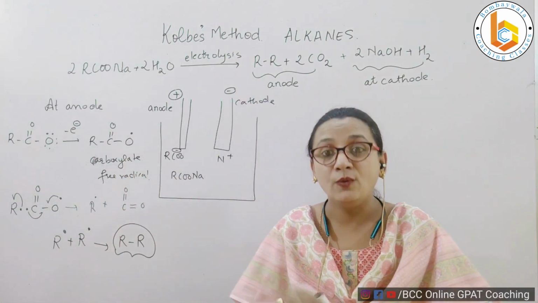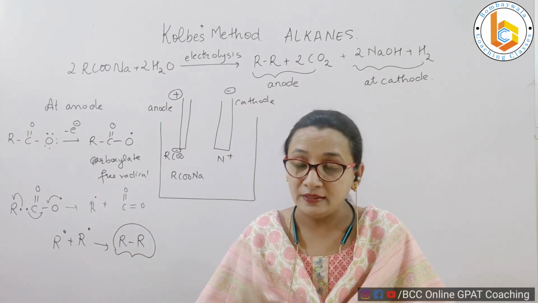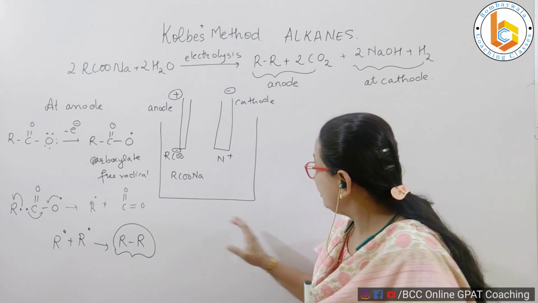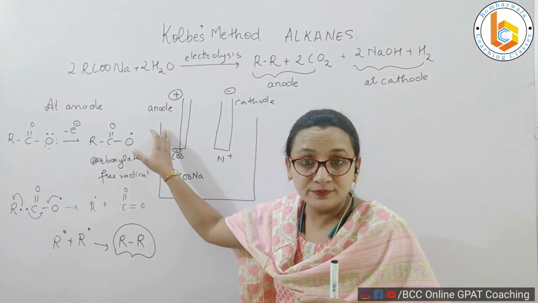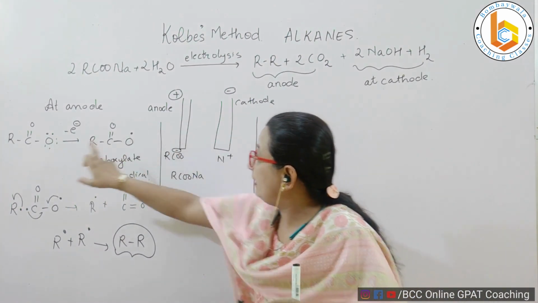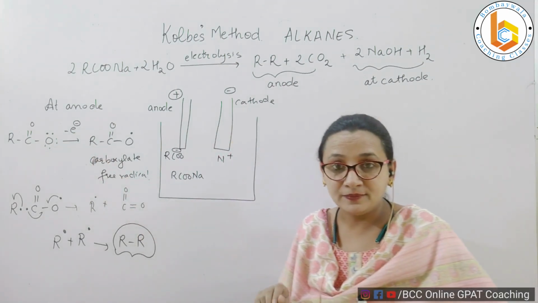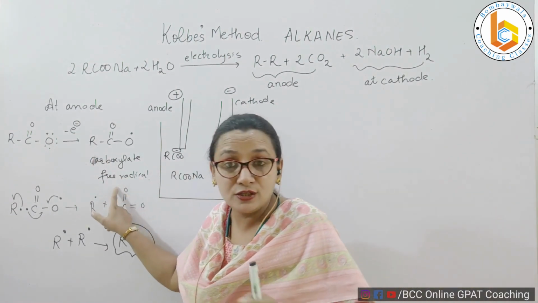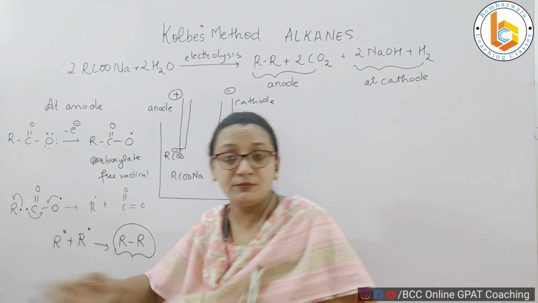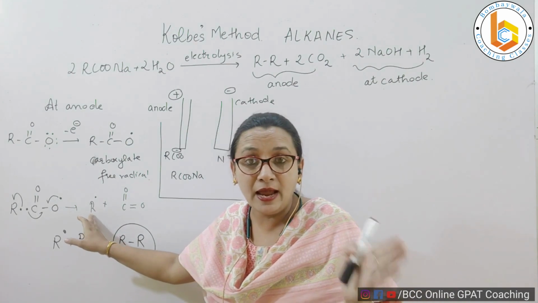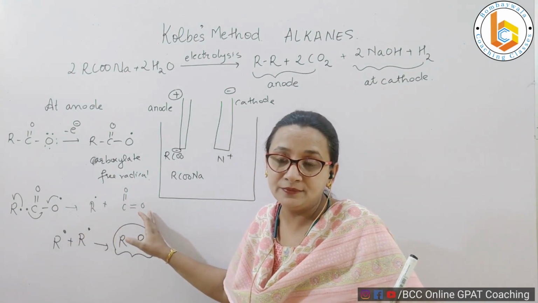Now you can see what is happening at the anode. The acetate ion, the carboxylate ion, is going towards the anode. It is giving its one electron, becoming a free radical. Once the free radical is formed, it undergoes decomposition, meaning breaking, into alkyl free radical and carbon dioxide.